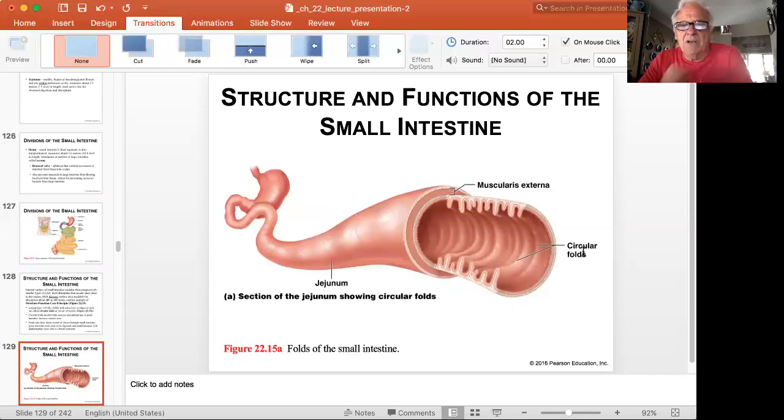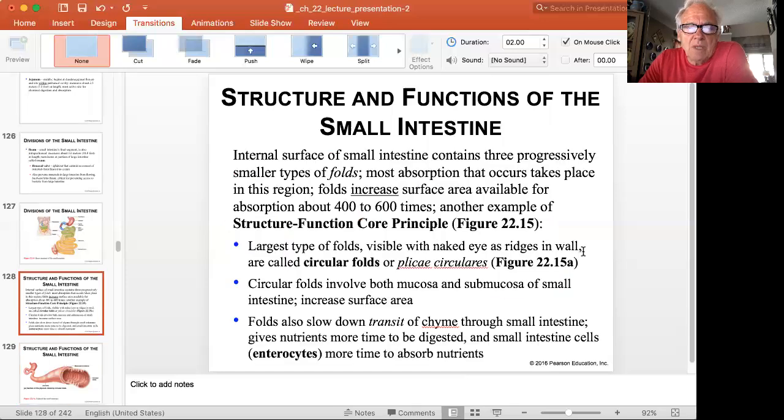Here's your muscularis externa. Now remember, they have these little circular folds. These folds involve both the mucosa and submucosa of the small intestine and increase the surface area.